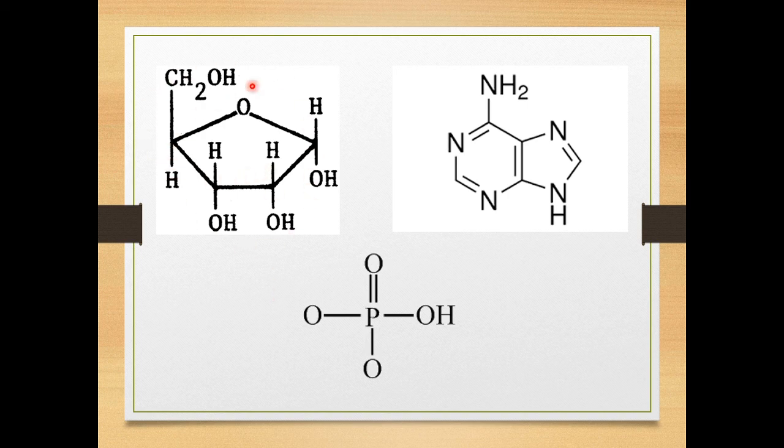This is the carbohydrate, a ribose sugar, a pentose sugar. This is a nitrogen base, and this is a phosphate group. So, there are three components: a sugar, nitrogen base, and phosphate.